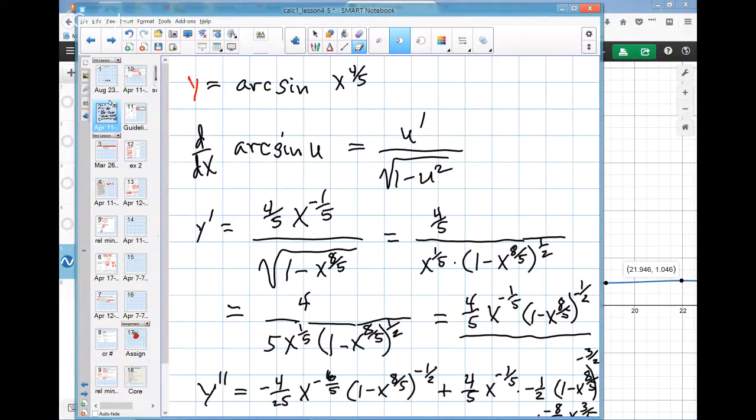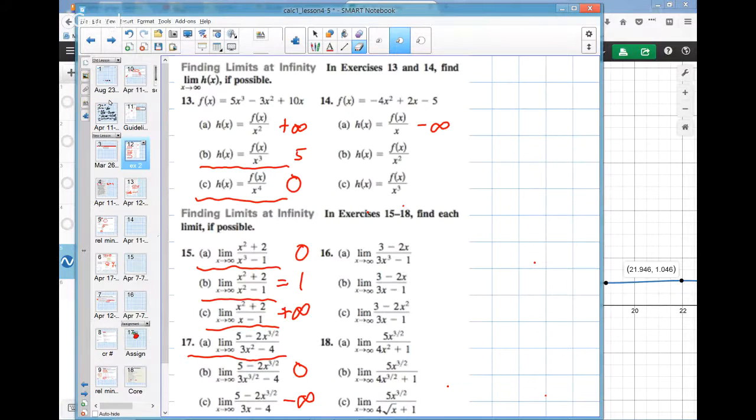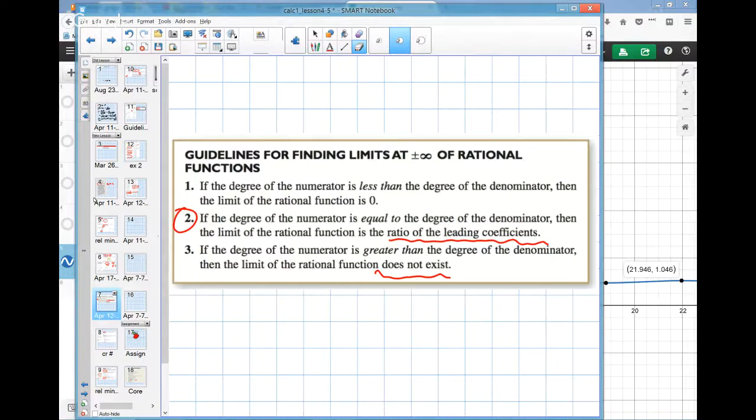But let me just sum up. I guess probably the most important page I showed you was this one right here. For finding limits as X approaches either positive or negative infinity, if it's a fractional expression, all you have to do is use these 3 simple rules. If the degree of the top is smaller than the degree of the bottom, then it's going to go to 0.